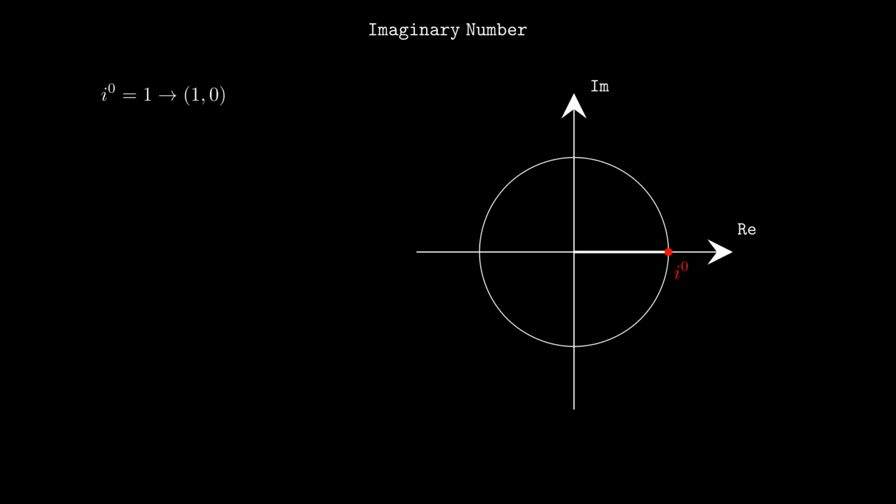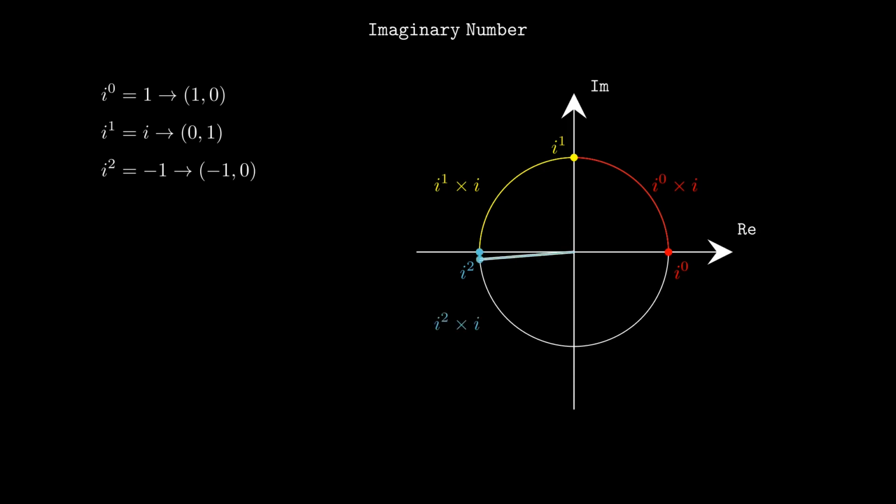i to the power of 0 is equal to 1, corresponding to the point (1, 0). Rotate it 90 degrees counterclockwise to get i to the power of 1. i to the power of 1 is equal to i, corresponding to the point (0, 1). Rotate it 90 degrees counterclockwise to get i to the power of 2. i to the power of 2 is equal to -1, corresponding to the point (-1, 0).